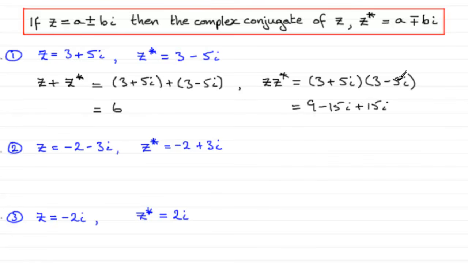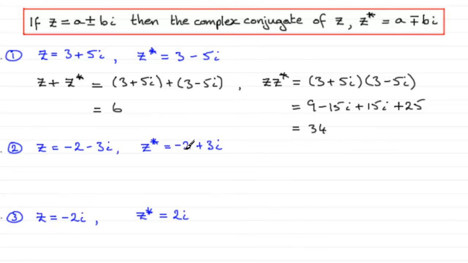And plus 5i multiplied by minus 5i, well, that's minus 25i squared, which is plus 25. And what we end up with is that we get 9 plus 25, which is 34. The 15i's cancel one another out. So you get a real number again.